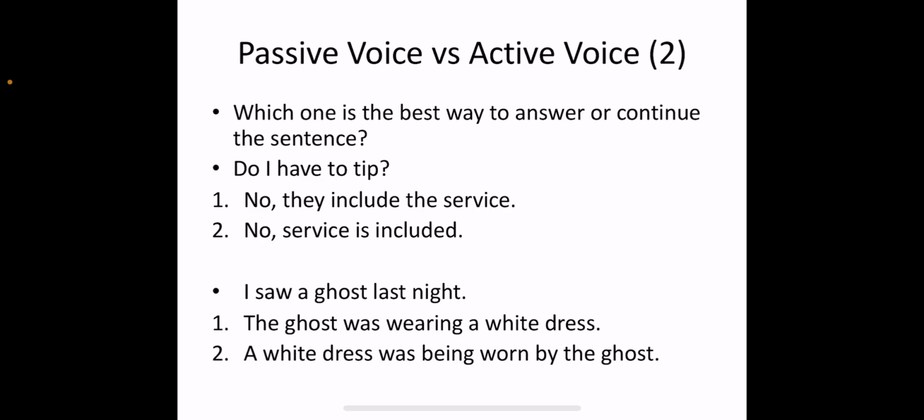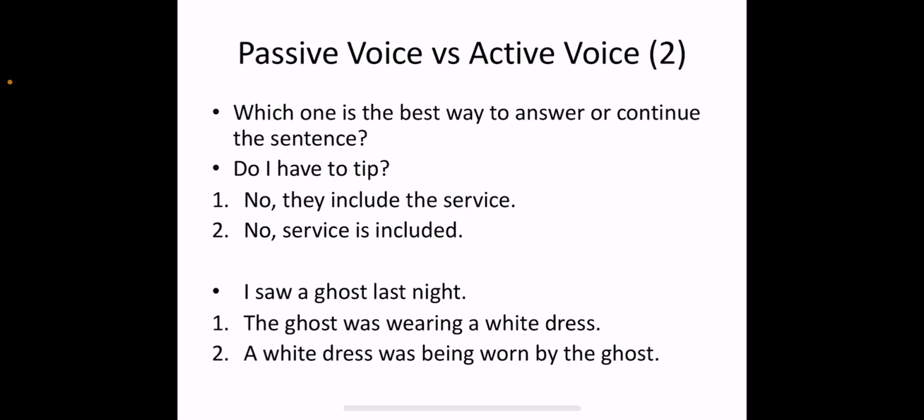And you can say, okay, but this is not a formal context and we're not writing, we're speaking, right? But that's the reason why the first rule, what is important in my sentence, is one of the most important aspects to consider when we use passive voice. So do I have to tip? No. Service is included. That is the best way to continue, because what is more important to emphasize is service, not the people.